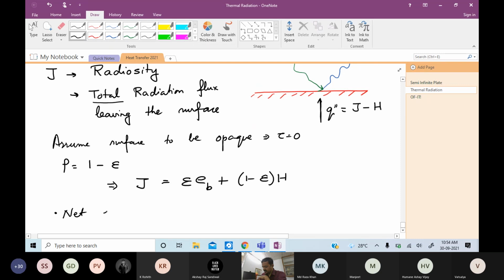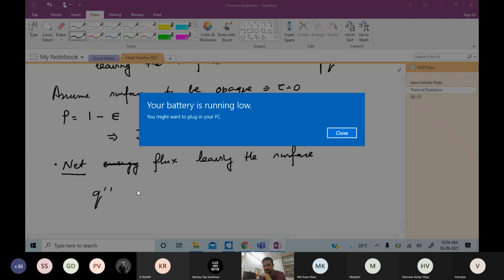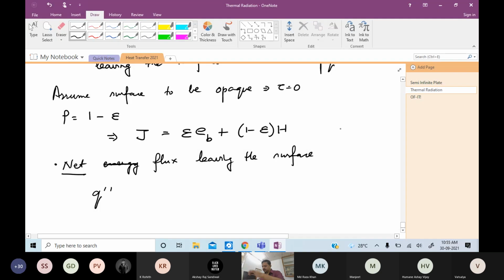Now, net energy, net flux, I would say, net, not total, net, would be Q double prime.